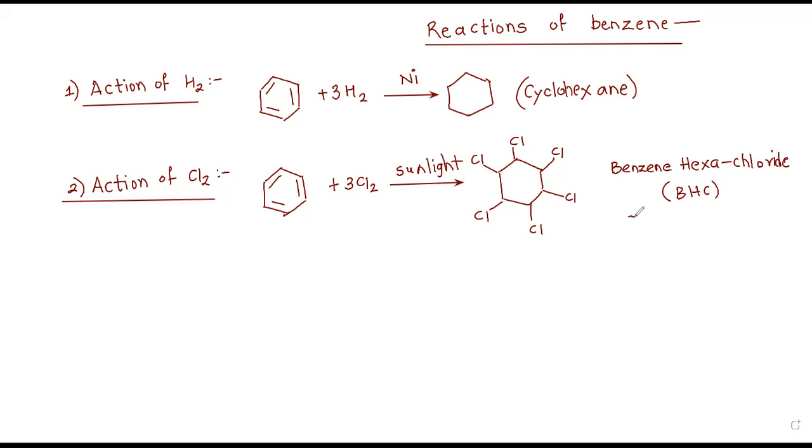Benzene hexachloride is also known by the name gammexane, and it is used as an insecticide. You can quickly take a screenshot of this.